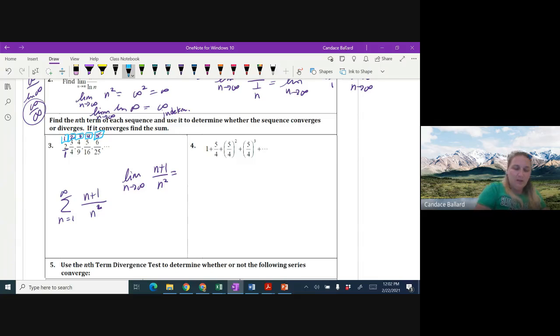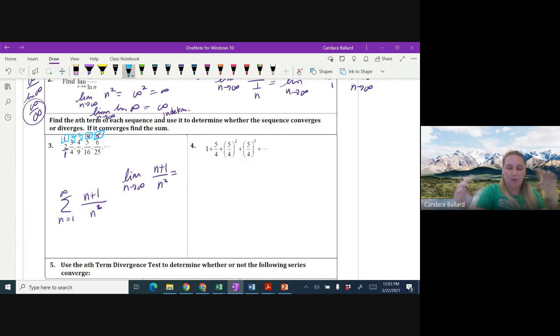I recognized that my term number was 1, and to go from 1 to 2, I would just add 1. I'll check that again. My term number is 2. In order to go from 2 to 3, I add 1. My term number is 3. In order to go from 3 to 4 in the sequence, I add 1. So for my numerator, I'm taking the term number and adding 1.